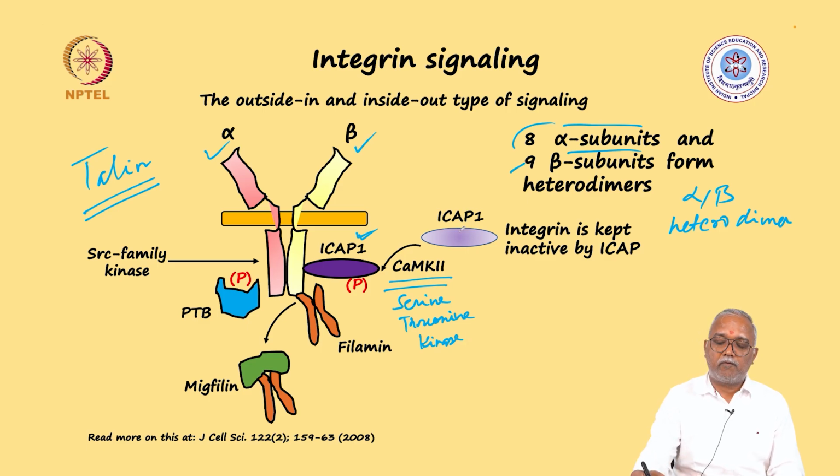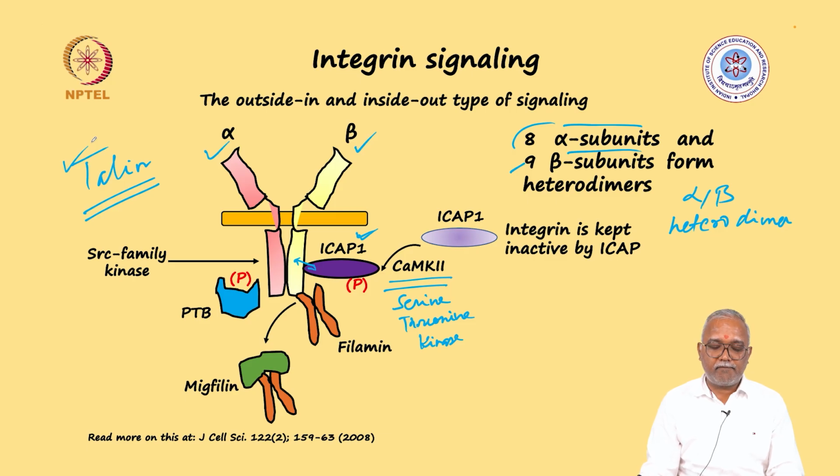CaM kinase 2 phosphorylates the receptor, which induces the affinity between the integrin receptor and ICAP1. Thus the entire thing is kept inactive.